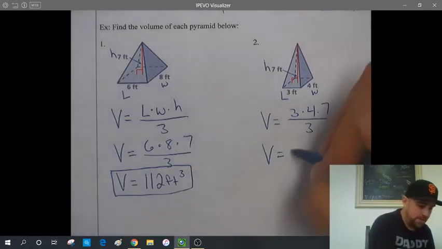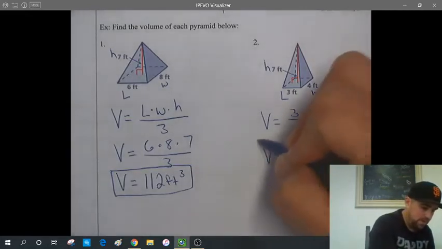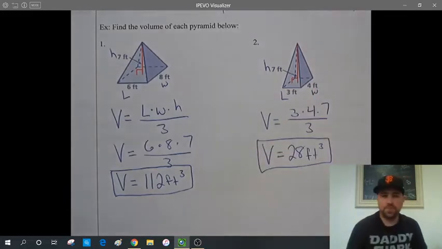Okay, and for this one, it comes out to be 28 feet cubed, or cubic feet. Okay, so that's finding the volume of a pyramid. Again, 1/3 of the rectangular prism that would be created from the same length, width, and height. So just multiply length, width, and height, and then divide by 3.